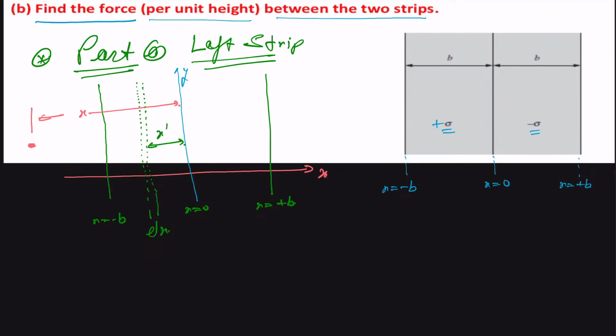And therefore we can say that this distance will be equal to x minus x prime, which we are going to assume is our r. Okay, so this is our point x.